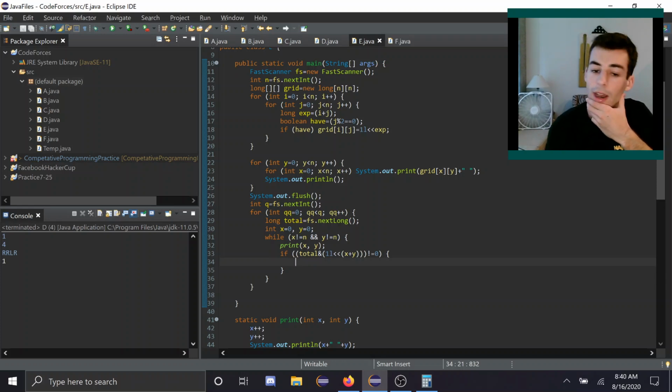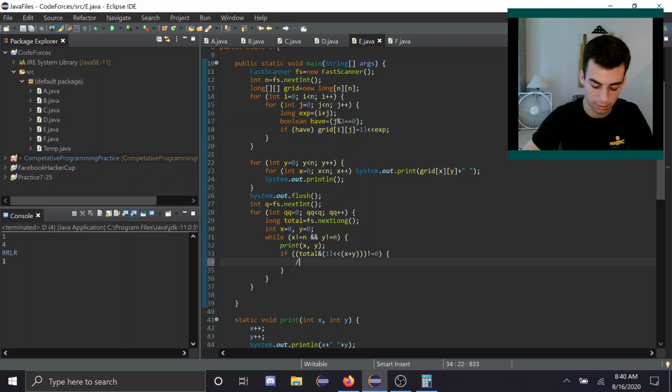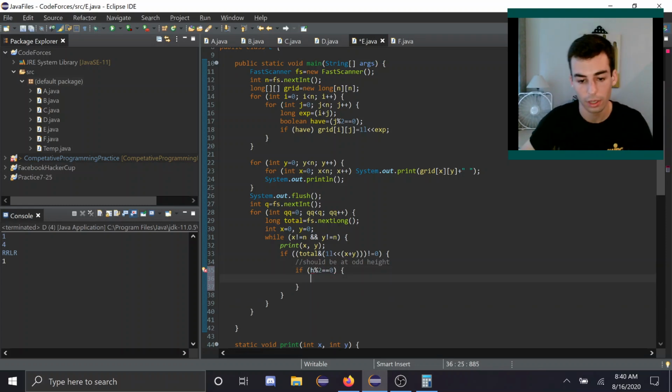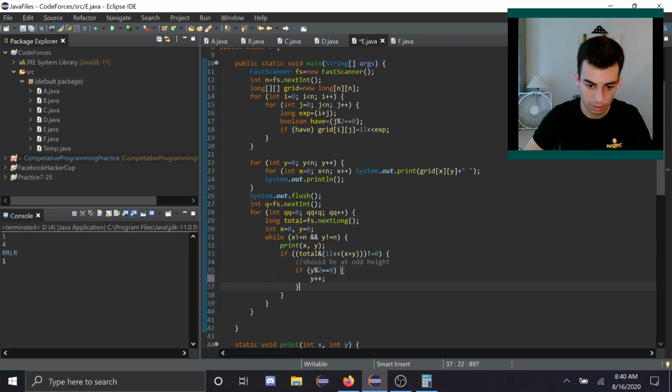We need to be at an odd height. So if h mod 2 equals 0, then this is y plus plus, else x plus plus.